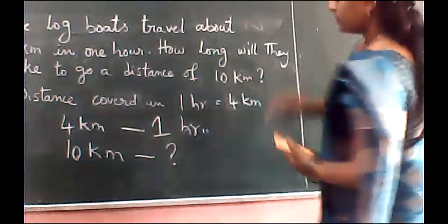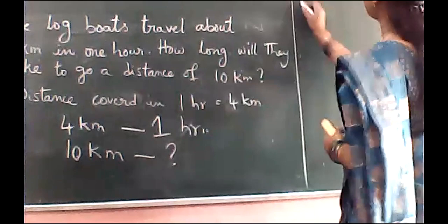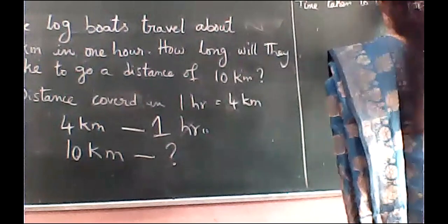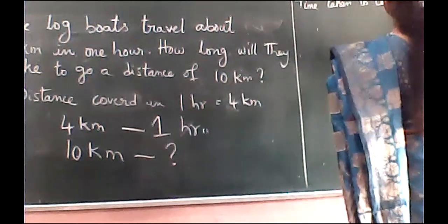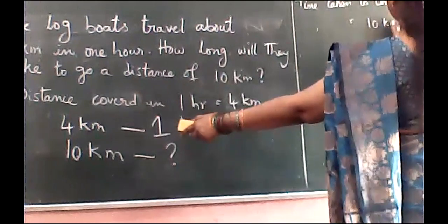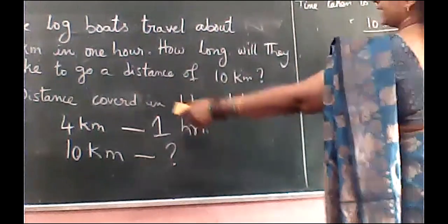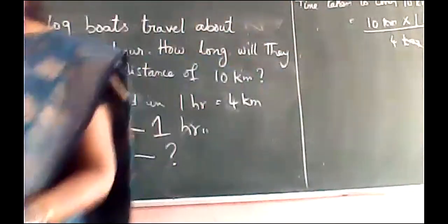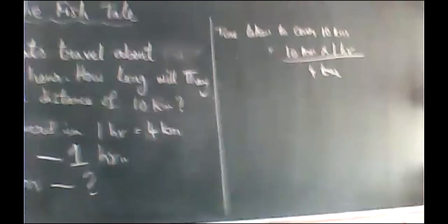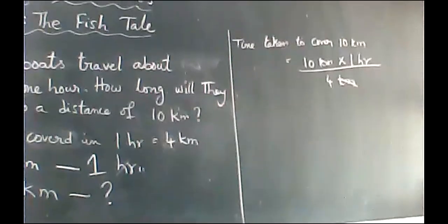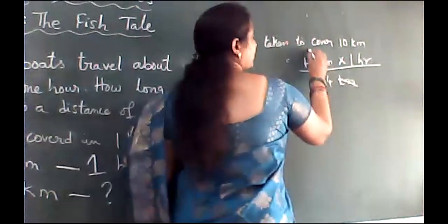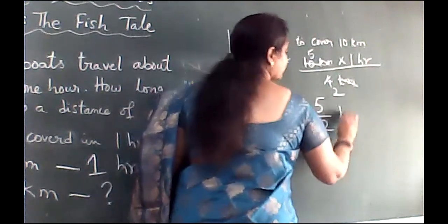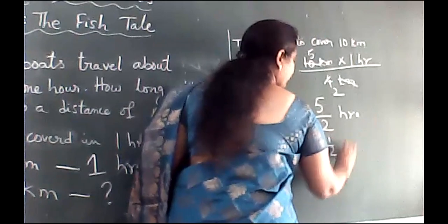Now we need to find out the time taken to cover ten kilometers. So what we have to do? 10 kilometers into 1 hour by 4 kilometers. We can cancel kilometer there, and here 2 times will go. 2 fives are 10, 2 twos are 4. So 5 by 2 hours, which means 2.5 hours.